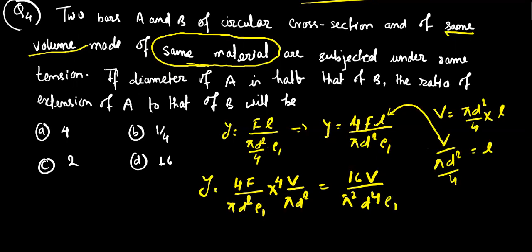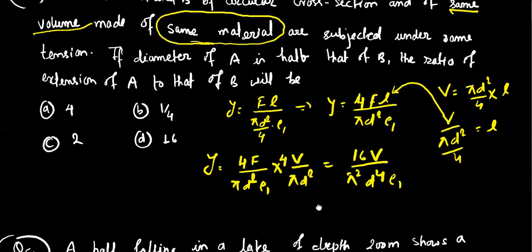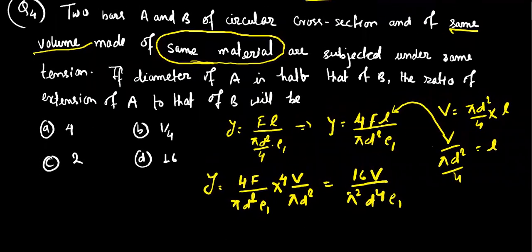Okay, so in terms of extension we can write it as extension equal to 16 FV by Y pi square d^4.